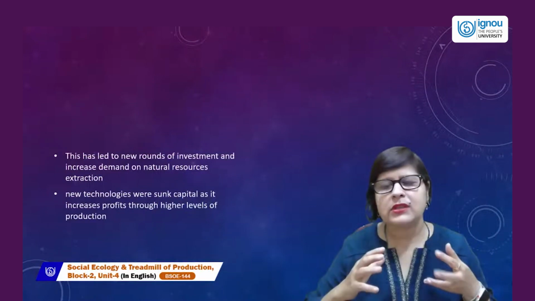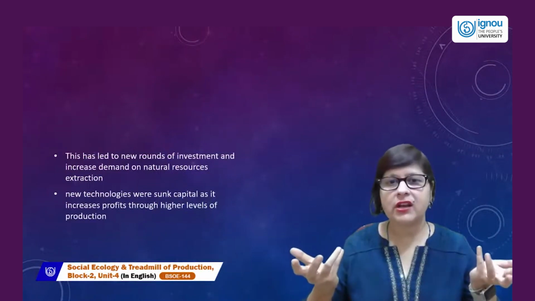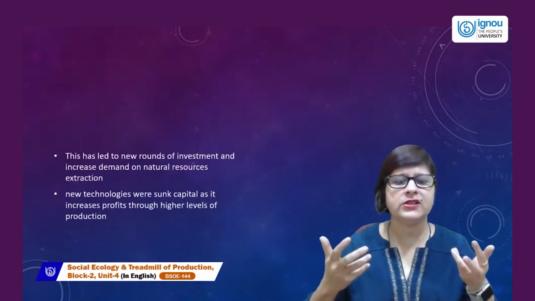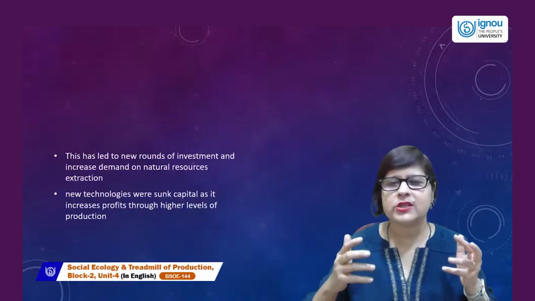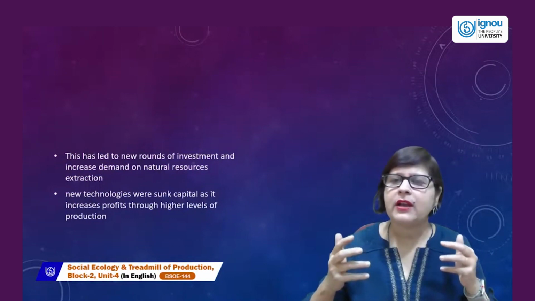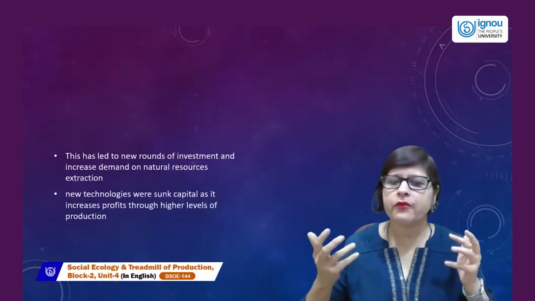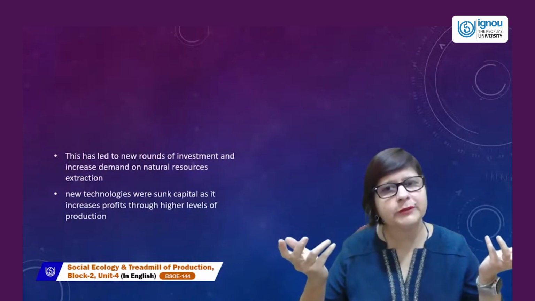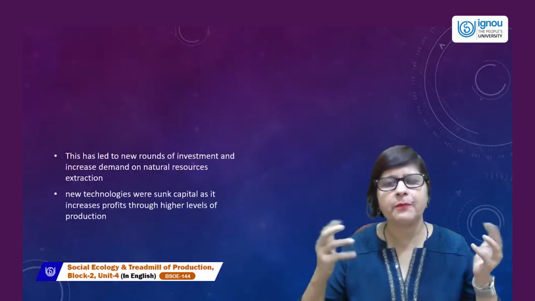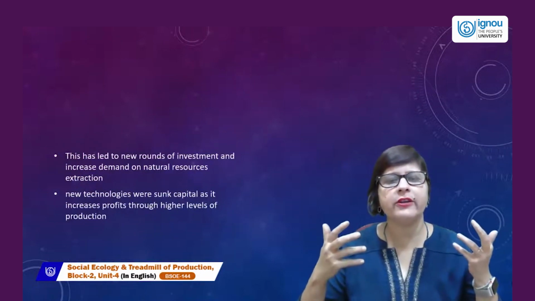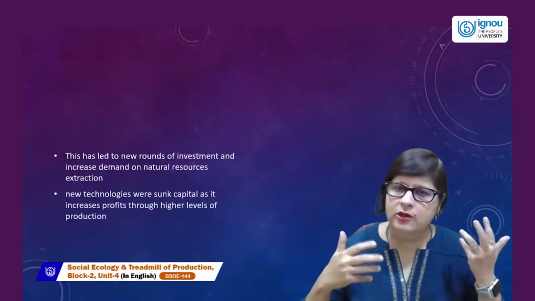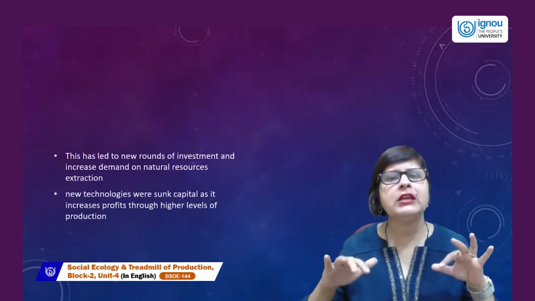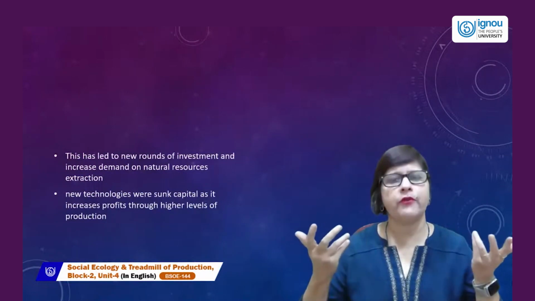And this was an era of technological development. People started developing new technologies, and the new technologies were sunk capital, as they increase profit through a higher level of production. Because of the technological development, the production level goes up, and it helps in increased profits, right?